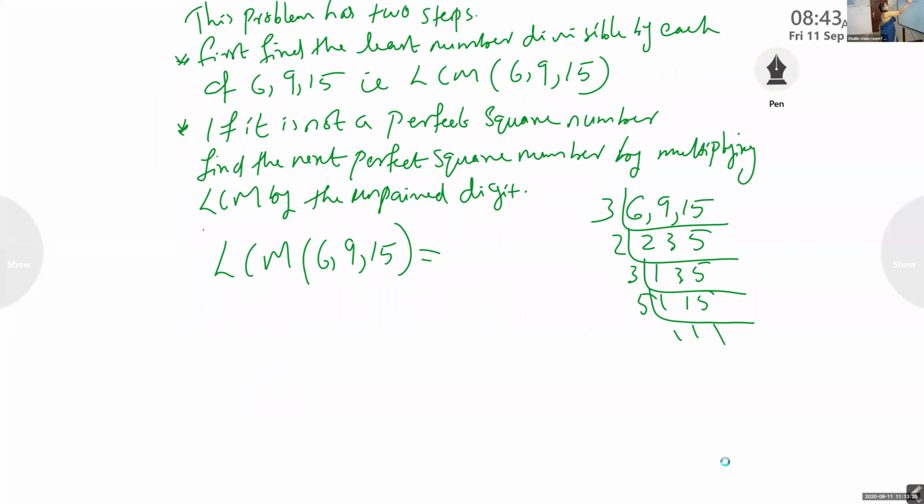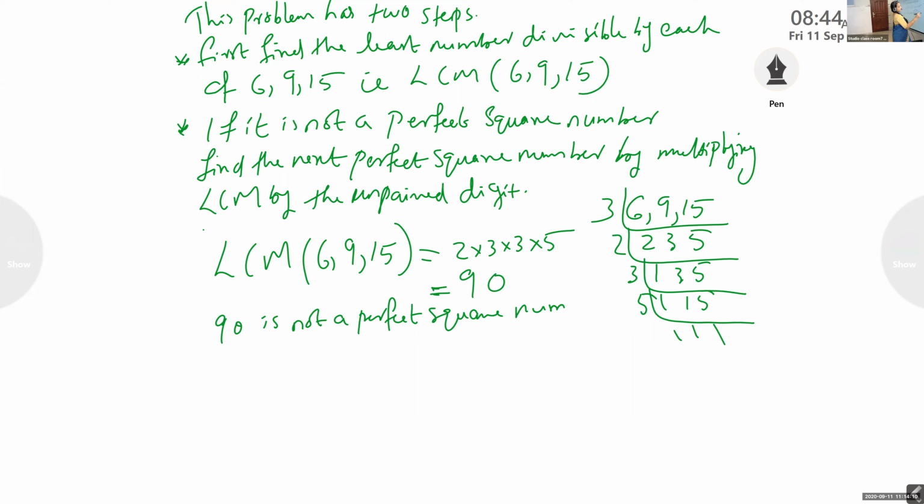So LCM is 3 into 2 into 3 into 5, in an order we will write, equal to 90. 90 is not a perfect square number.